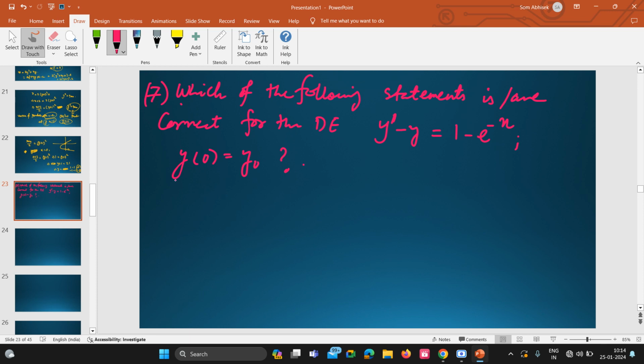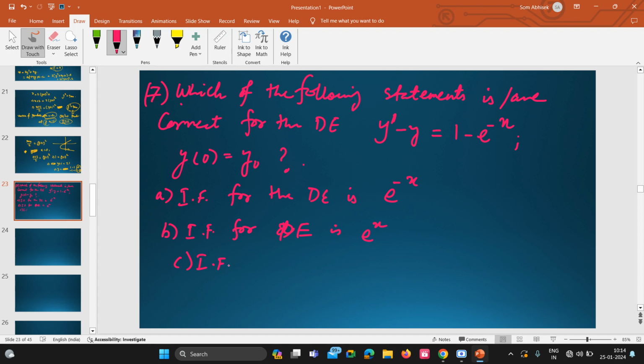Option A, integrating factor for the differential equation is e to the minus x. Option B, integrating factor for the differential equation is e to the power x.